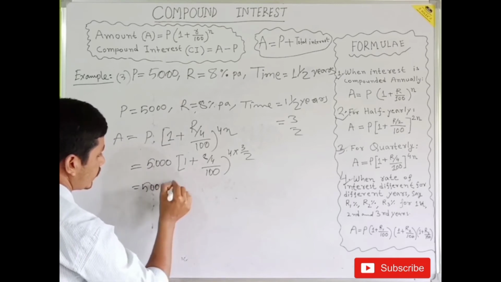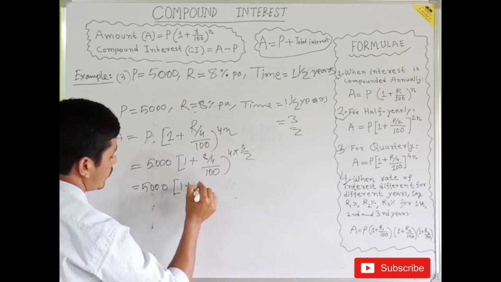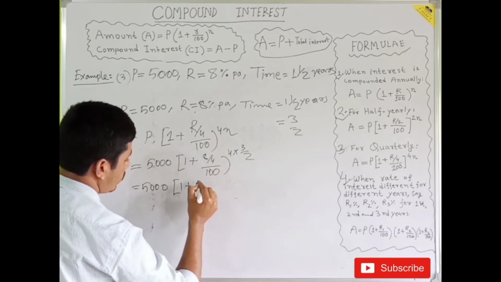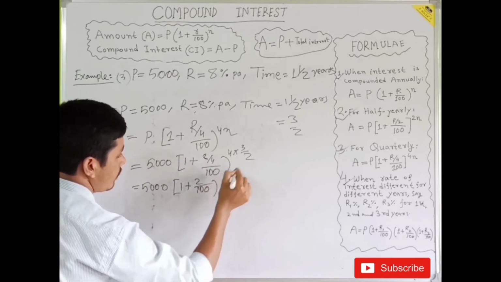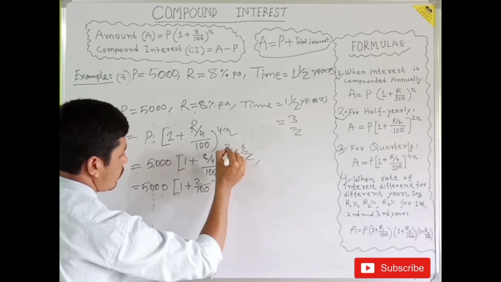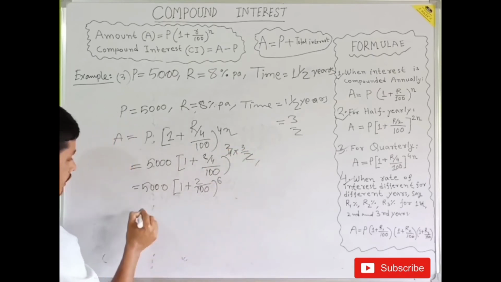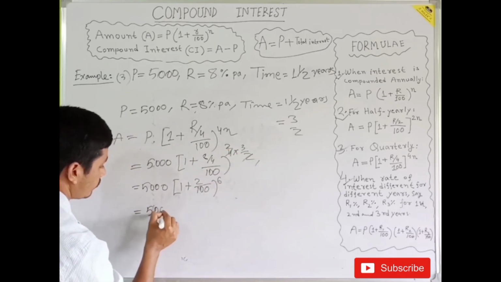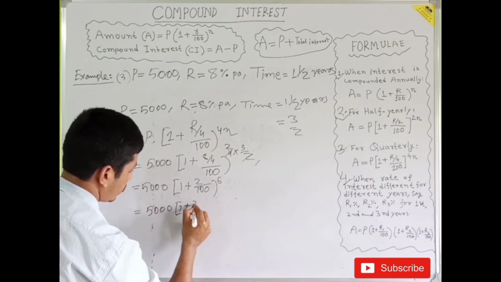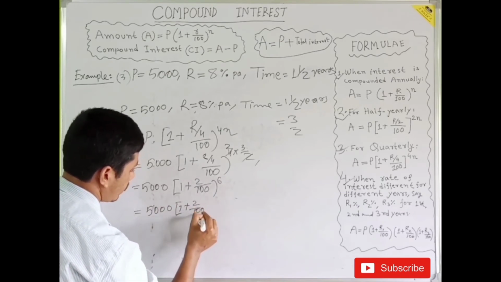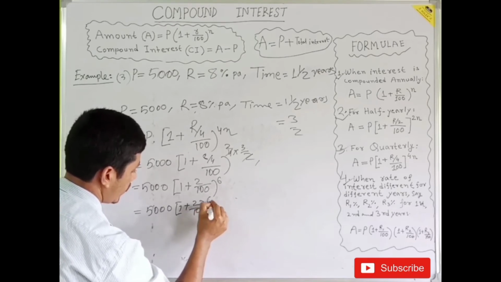Now 5000 into 1 plus 8 divided by 4, which is 2, by 100. 2 times 3 is 6, this one is 6. Now 5000 into 1 plus 2 by 100, to the power 6.